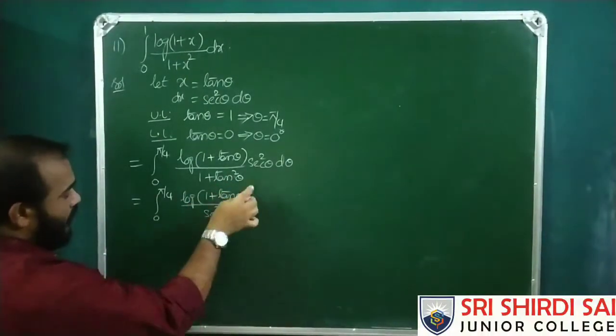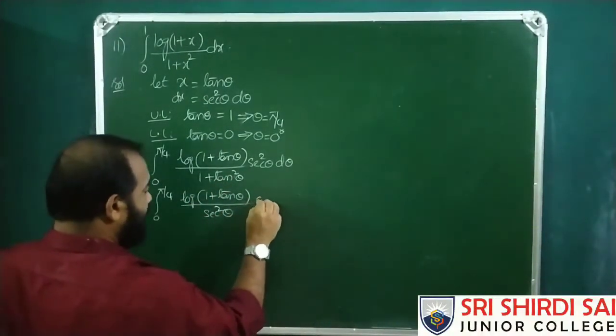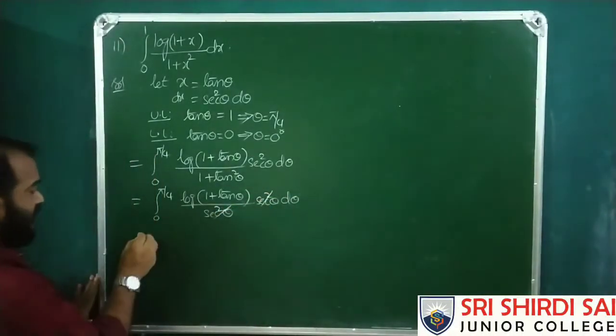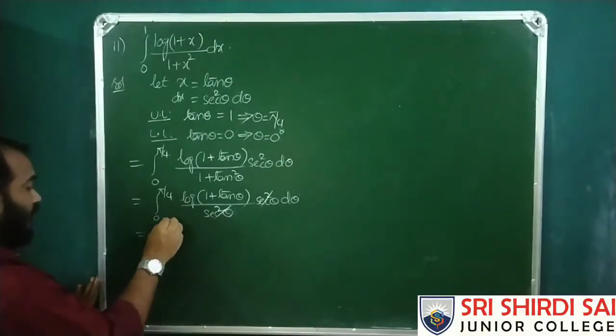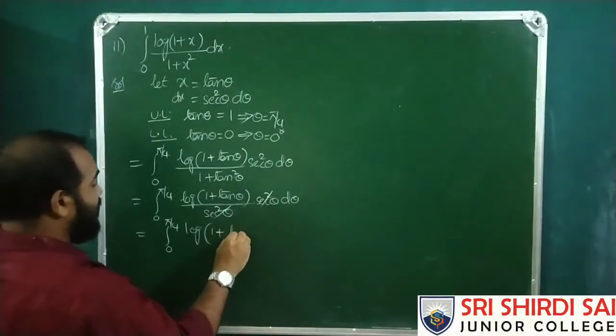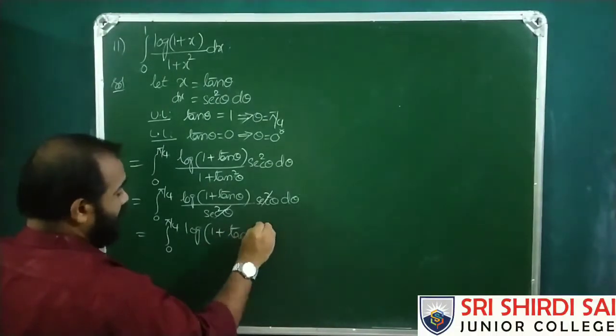Secant square theta times secant square theta d theta, this gets cancelled. We are left with integral 0 to pi by 4 log(1 + tan theta) d theta.